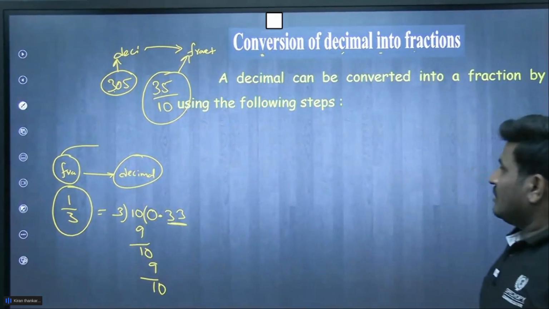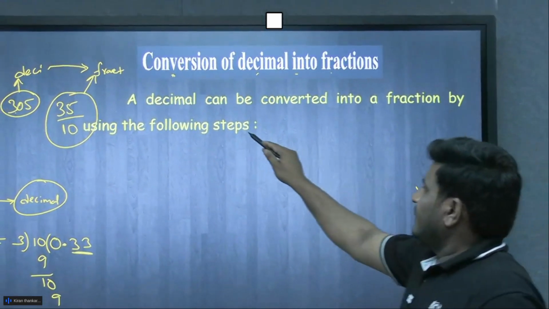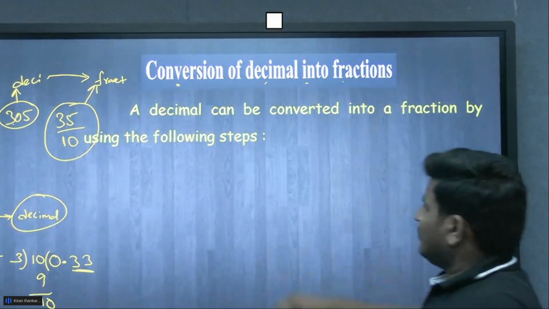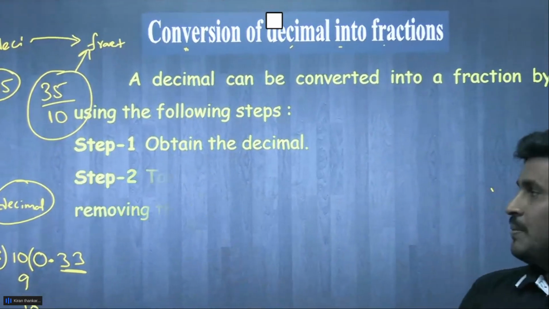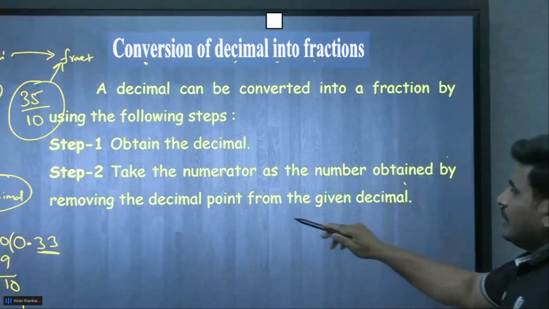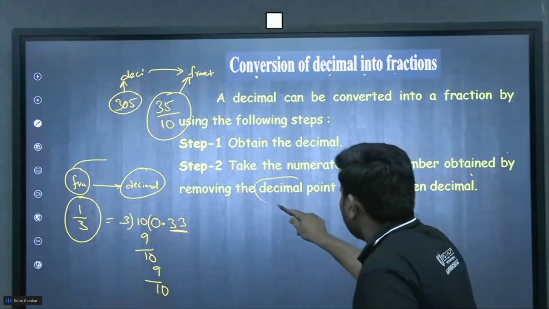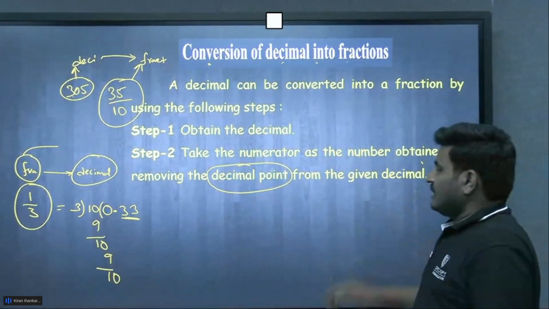So let's see the concept. A decimal can be converted into a fraction by using the following steps. First, obtain the decimal. Next, take the numerator as the number obtained by removing the decimal point from the given decimal.